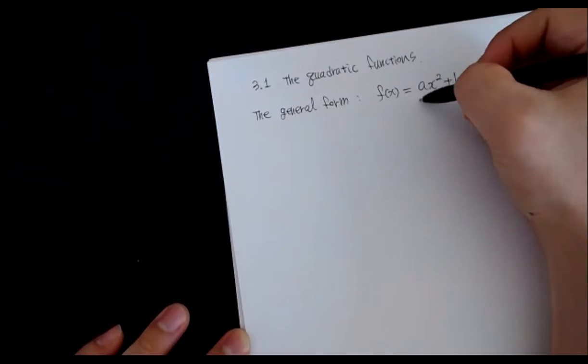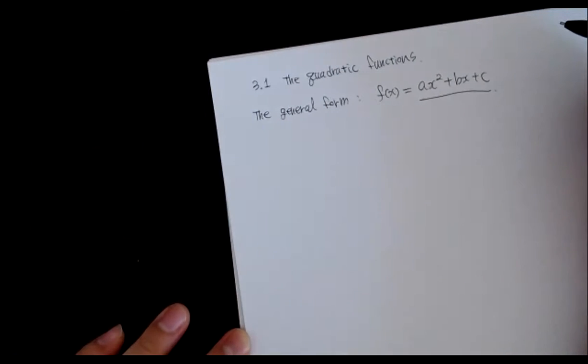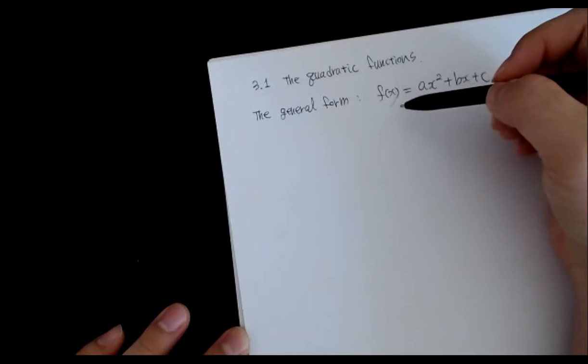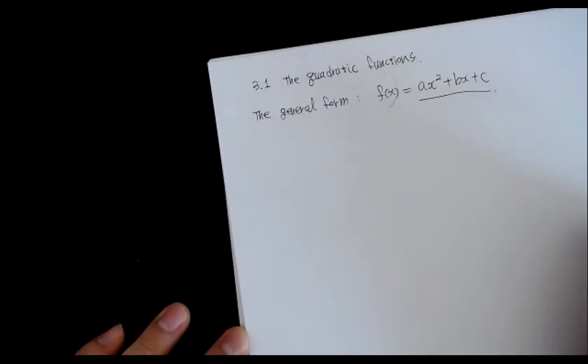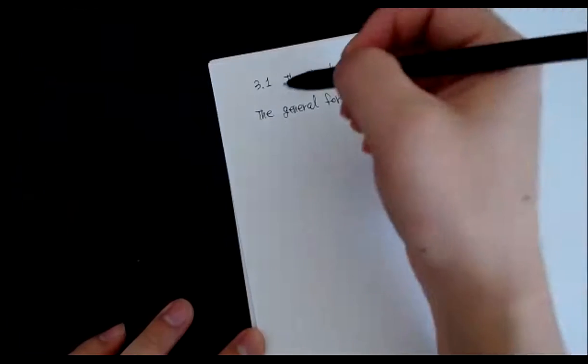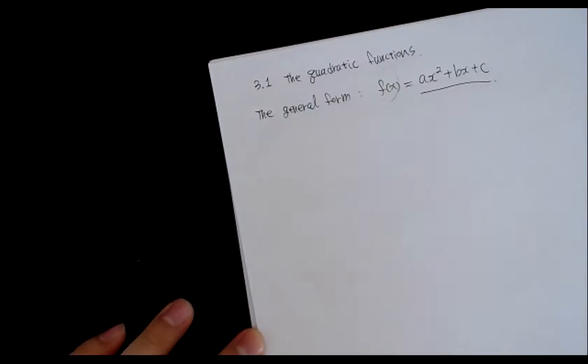We haven't seen this in chapter 1 when we studied quadratic equations, right? Instead of f of x, if you put 0, then that's going to be a quadratic equation, right? But actually, quadratic functions and quadratic equations are closely related to each other. So we'll see. But anyway, there are two big objectives.